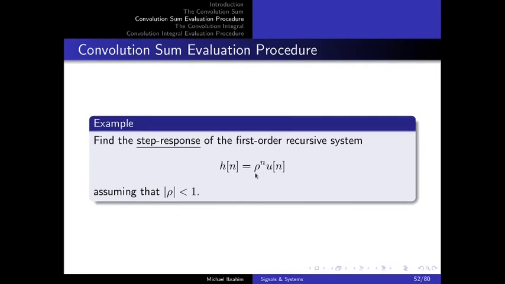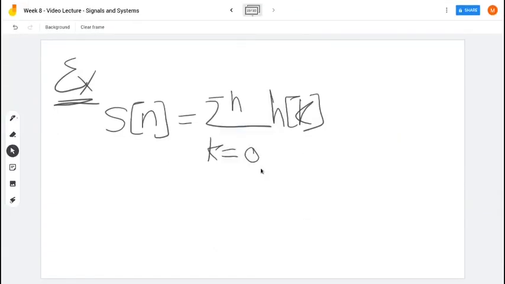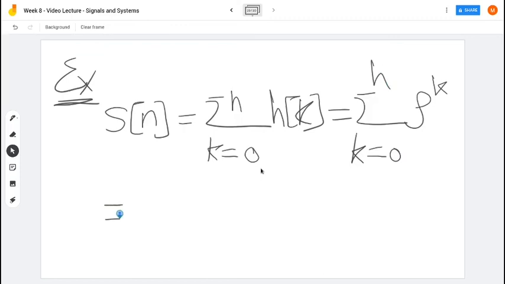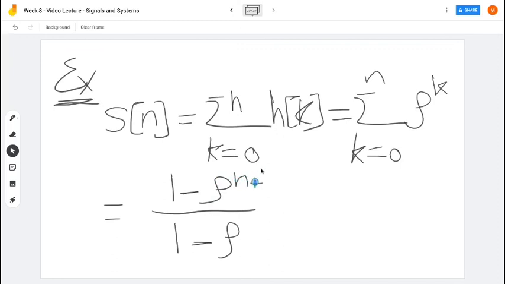So now we will be summing rho to the power k. So this would be the summation of rho to the power k from k equal to 0 up to n. And this summation will be 1 minus rho to the power n plus 1, over 1 minus rho.